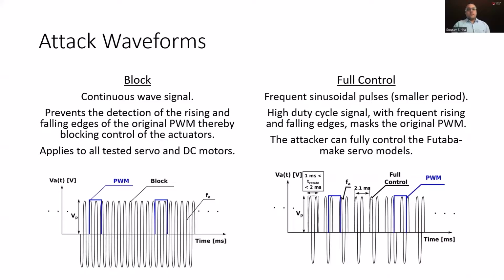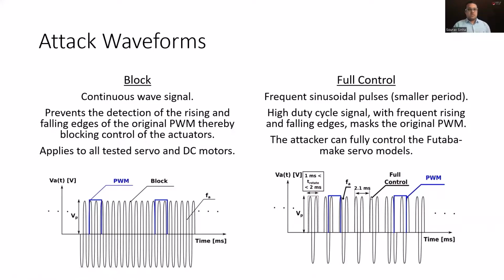The two most successful attack waveforms that are reported are the block and full control waveforms. A block waveform is a continuous wave signal at certain frequency that prevents the detection of the rising and the falling edges of the original PWM, thereby blocking the control of the actuators. The full control waveform consists of frequent sinusoid pulses with smaller period.